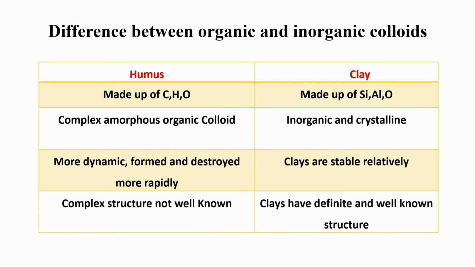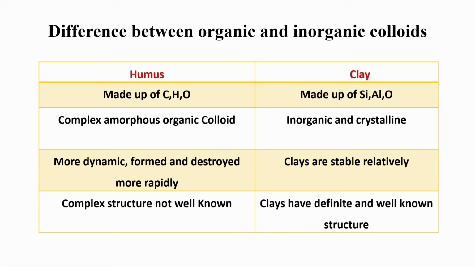Friends, let us now discuss the difference between organic, that is humus, and inorganic colloids, that is clay. First we will see the humus. Humus is made up of carbon, hydrogen and oxygen. It is a complex amorphous organic colloid and it is more dynamic, formed and destroyed more rapidly, and its complex structure is not well known.